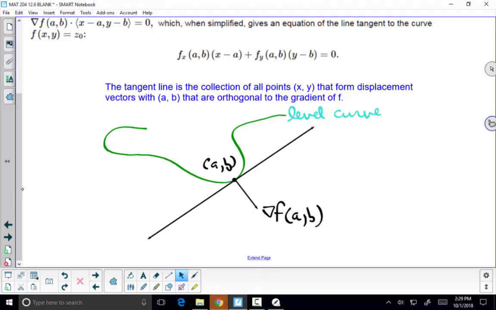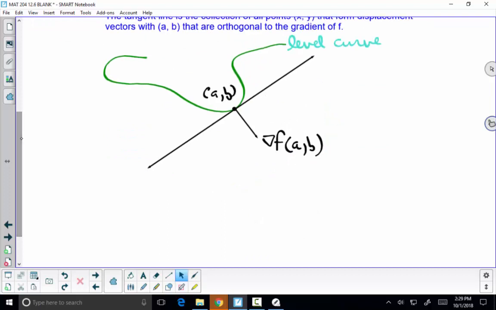If we want the equation of that line, we are going to imagine a displacement vector in the line, corresponding to the ordered pair x comma y. That line is going to be the collection of all ordered pairs x comma y such that del f dot v equals 0.